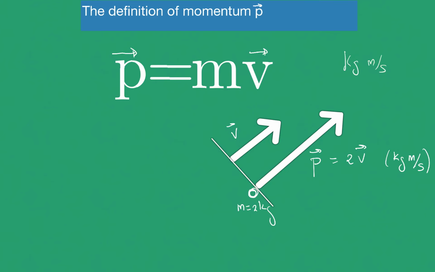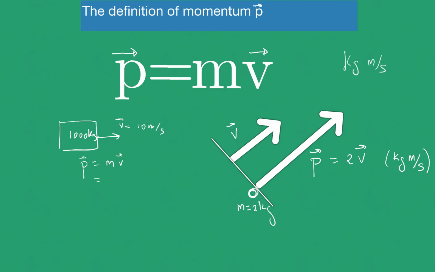Imagine, for example, a big car moving with a velocity of 10 meters per second. And let's say that the mass of this moving car is 1,000 kilograms. So it's moving in some direction with a linear momentum, m times v.